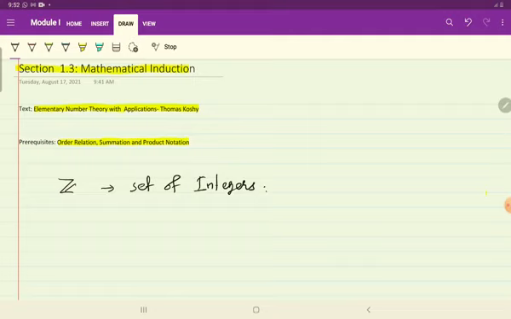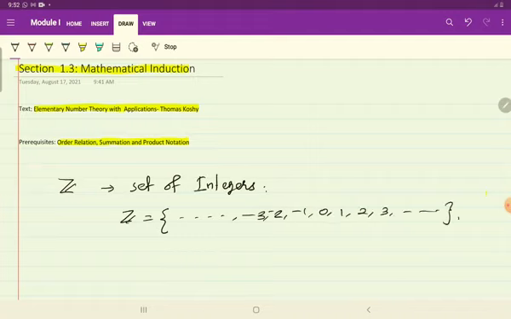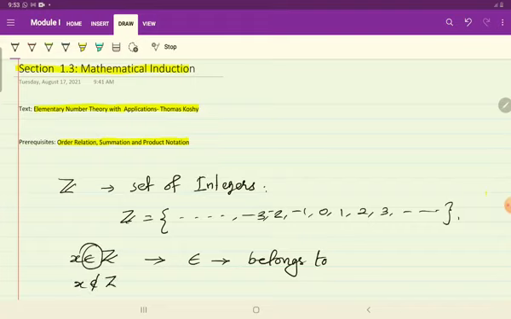That means the set Z is equal to the set of all integers: ..., -3, -2, -1, 0, 1, 2, 3, and so on. And for an element x in Z, we use the notation ∈, which means belongs to. So x does not belong to Z, we can write simply like this. In any set we can use this notation.